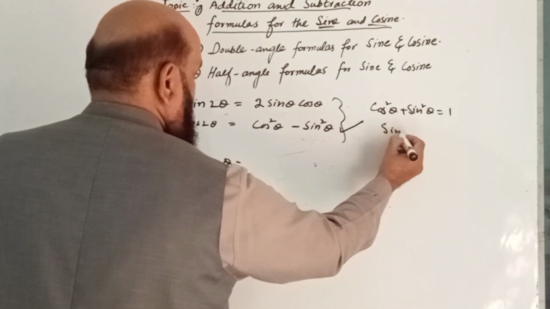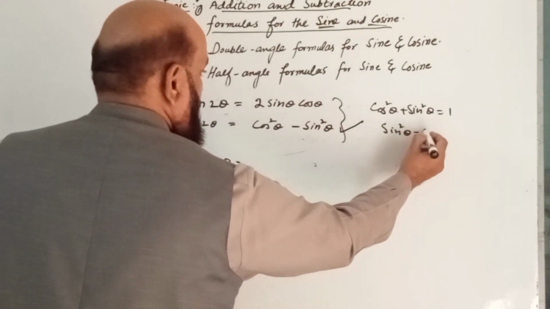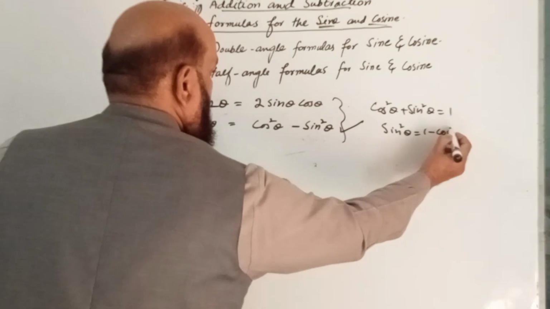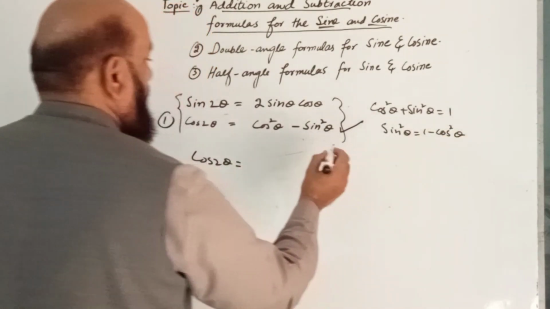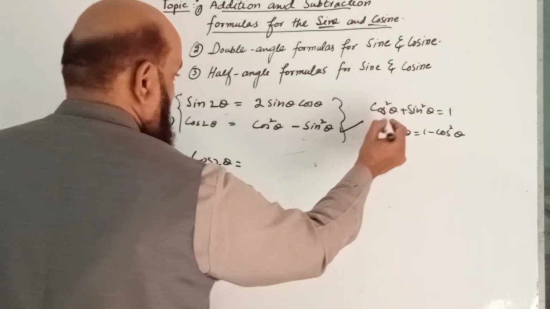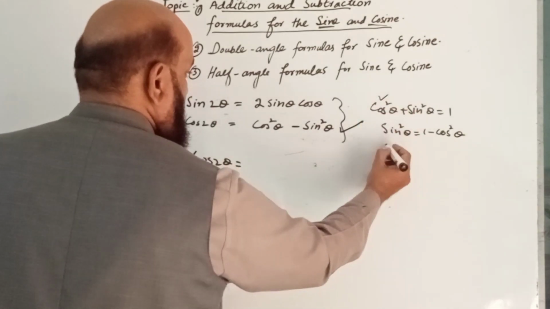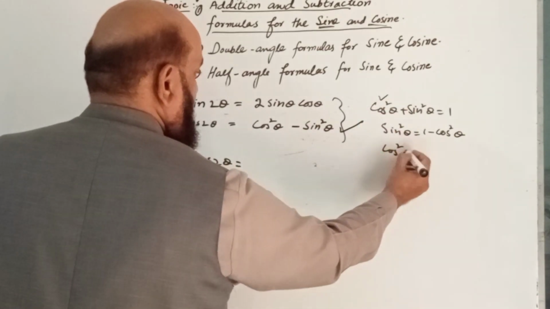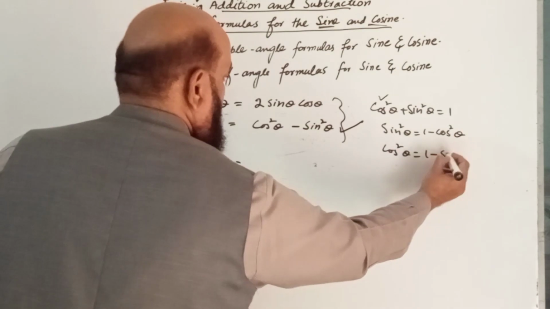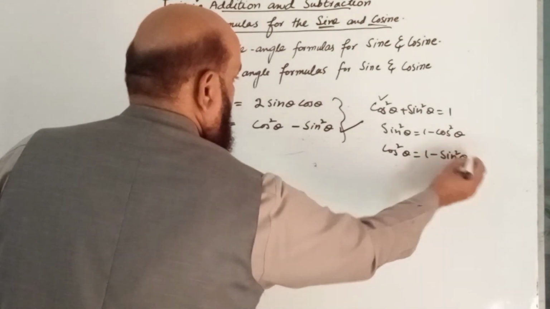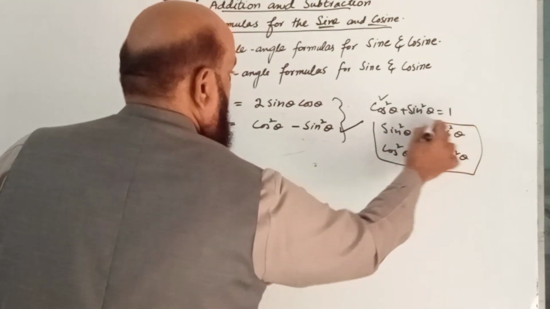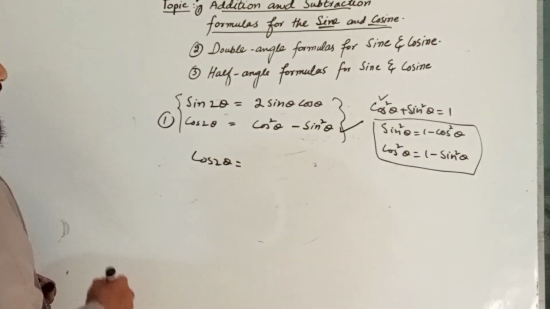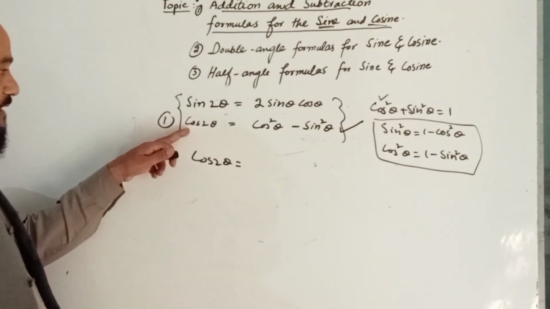Sin square theta is equal to 1 minus cos square theta. Similarly, cos square theta will be 1 minus sin square theta. These both identities will be used to get more and more formulas from that relation.